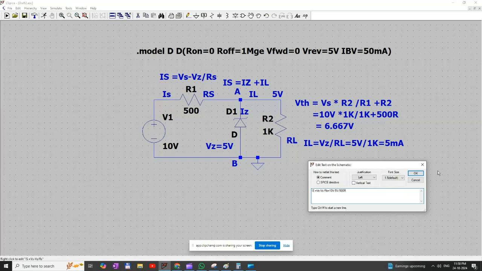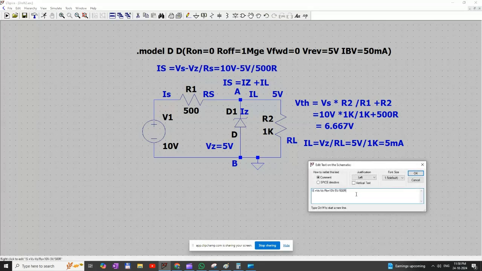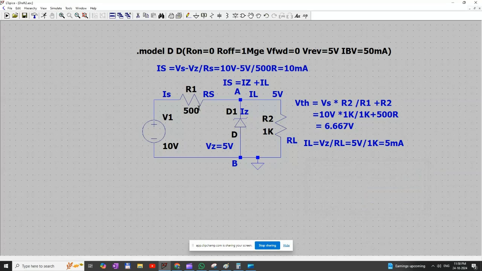When we simplify this, we are getting 10 milliamps. So 10 milliamps of current flows across the resistor R1.